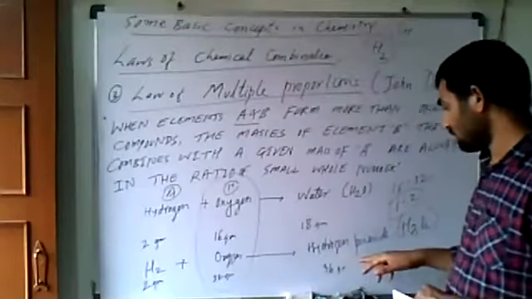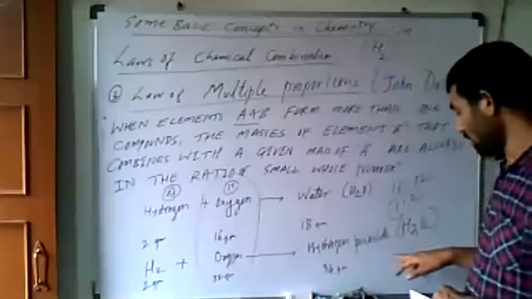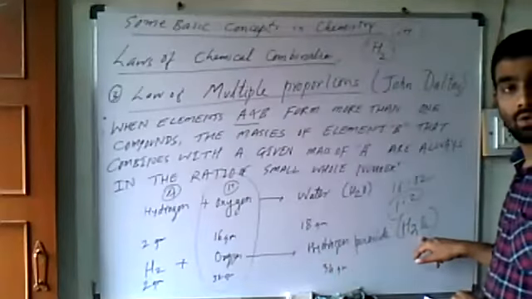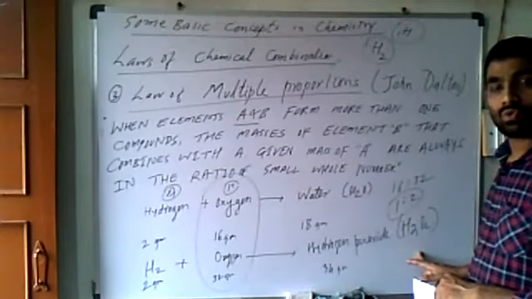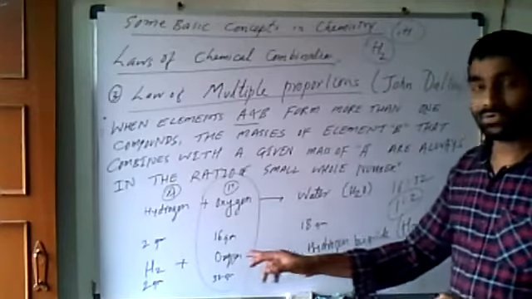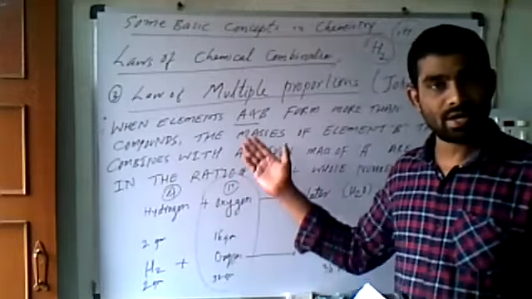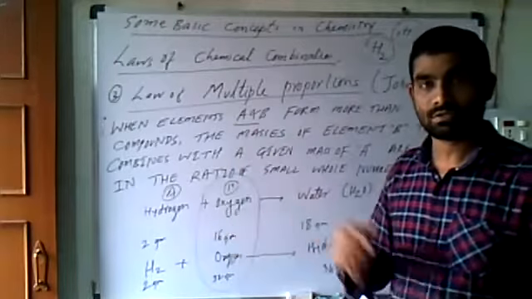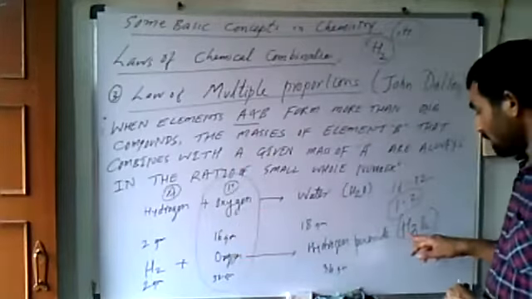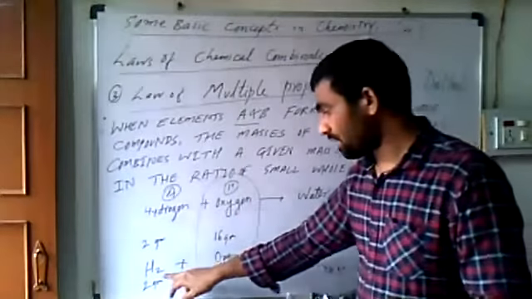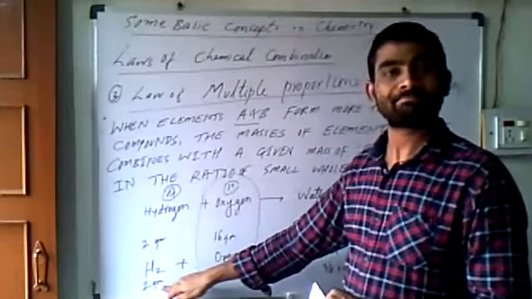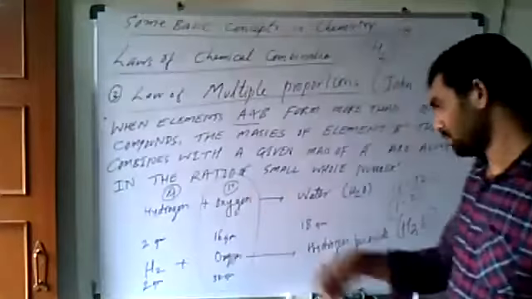What about the formula of hydrogen peroxide? The formula of hydrogen peroxide is H2O2, and it is formed by the combination of the same A and B elements, hydrogen and oxygen. There are two hydrogens in H2O2, so we have taken its mass as 2 grams.